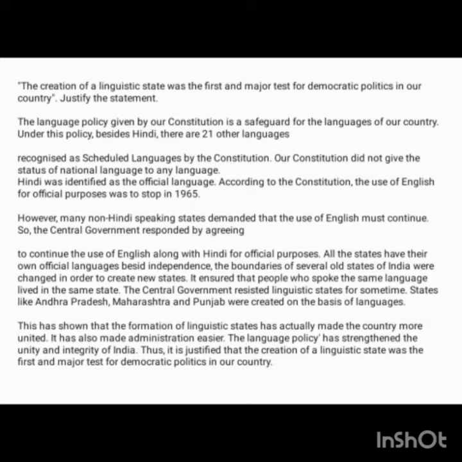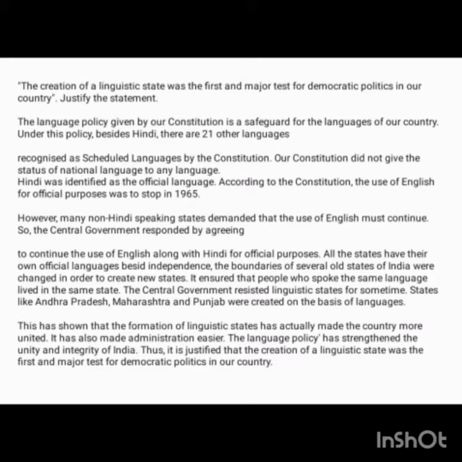After independence, the boundaries of several old states of India were changed into new states. It ensured that the people who spoke the same language lived in the same state. Take for example the state of Tamil Nadu, where the people speak Tamil, so that state has been identified as Tamil Nadu.